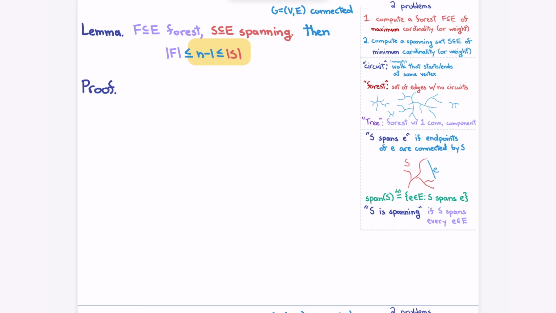Yeah, but it could be in the middle of two sets of edges. How do you know there's always one that exists?